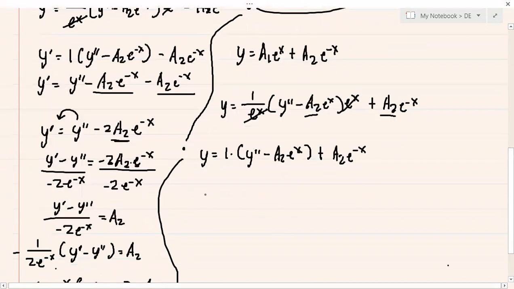There we go. So if we simplify this first term, 1 times the quantity of this, the answer is still the same: y second prime minus a sub 2 times e raised to x. Okay.